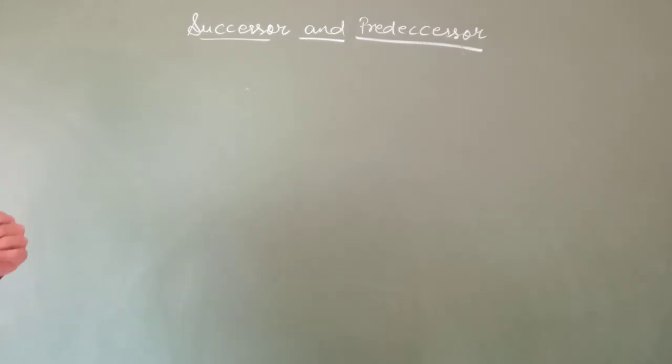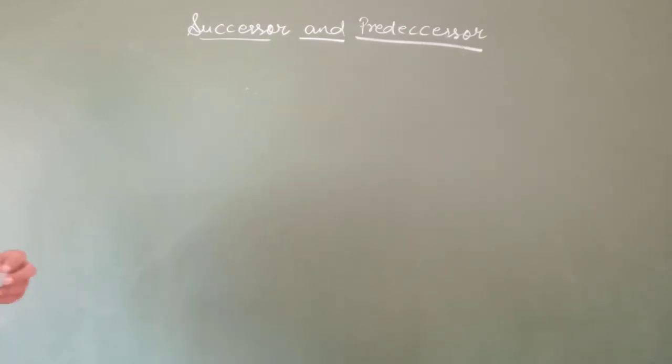What would Rohit get if he adds 1 to 4326? Add 1 to the number to get its successor. If you want to find the successor of any number, then you have to add 1 to the number. And if you want to get a number's predecessor, then you have to subtract 1 from the number.